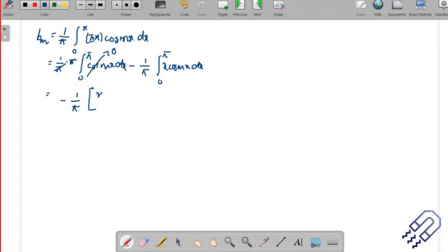So this is x and sine of mx divided by m, from 0 to pi, and then a minus. Then we take sine of mx by m, so it will be 1 by m square, and then we integrate sine, so that will be plus. Yes, this should be plus.